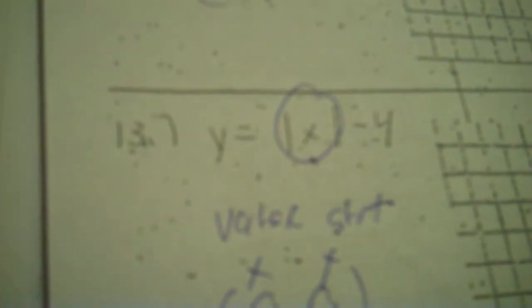Okay, next problem. Y equals the absolute value of x minus 4. Vertex start and vertex finish. You have nothing inside, so the x stays. But outside you have a minus 4.